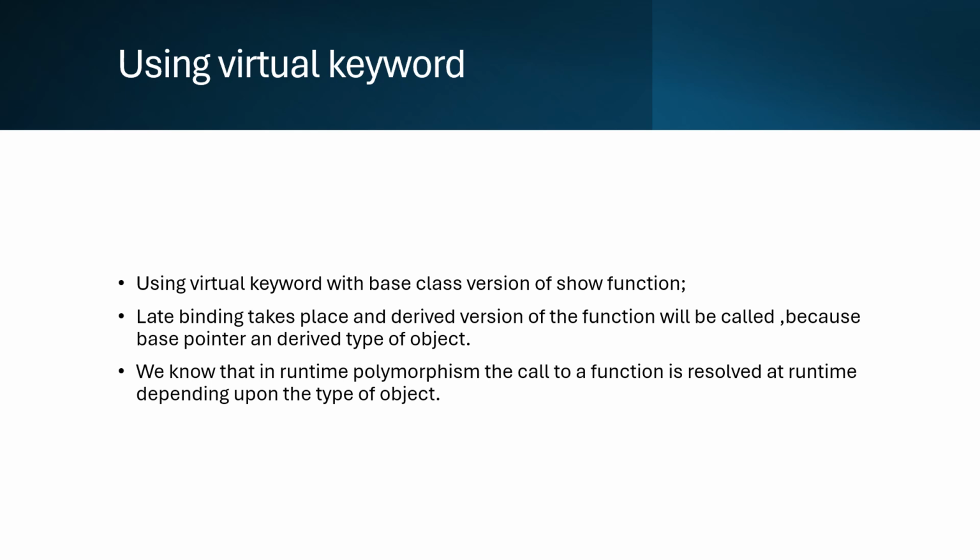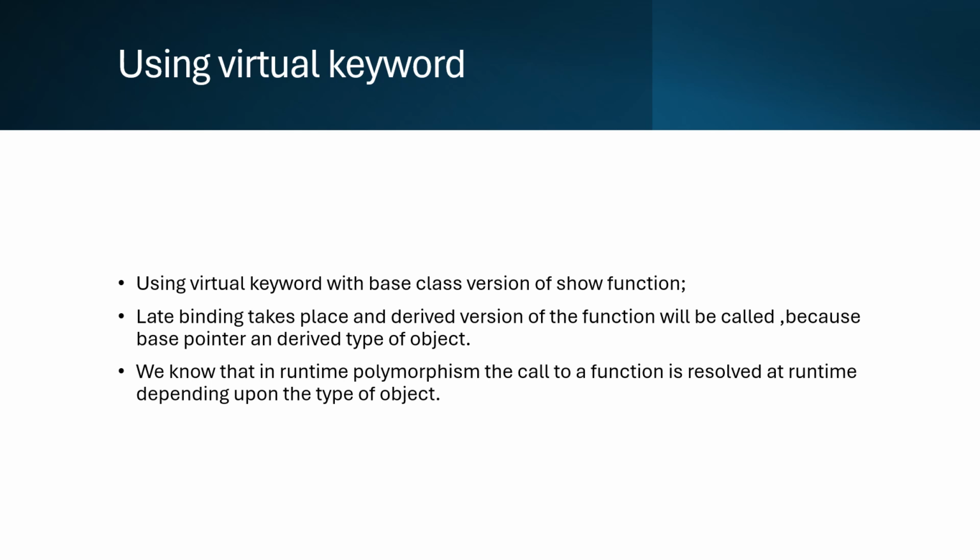With the base class version of the show function, late binding takes place and the derived version of the function will be called, because the base pointer points to a derived object. Suppose in the base class we declare one function named show.